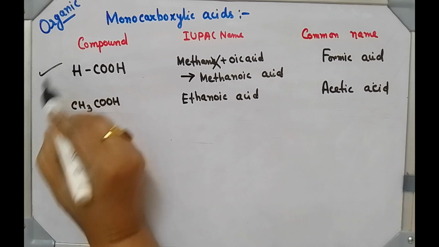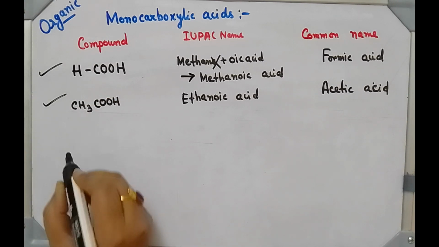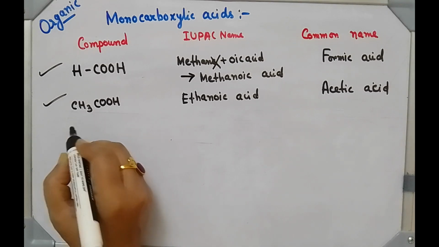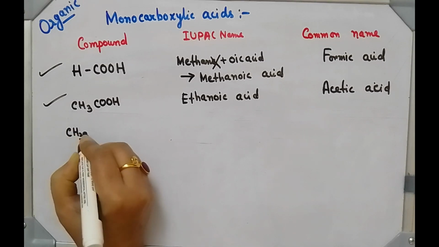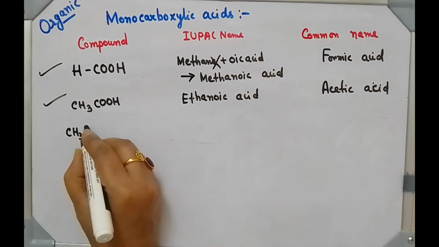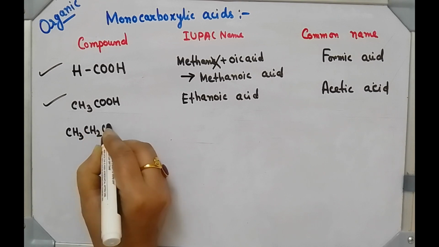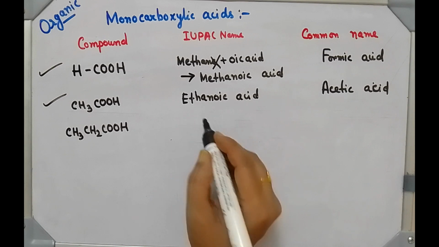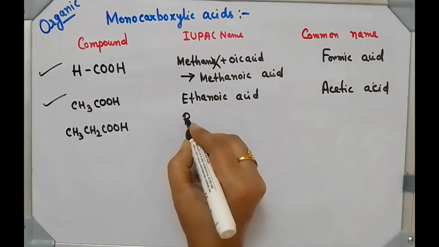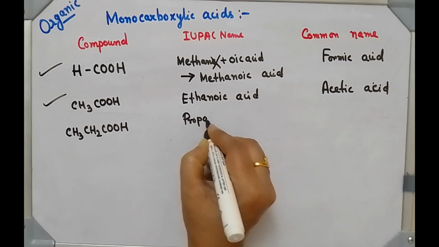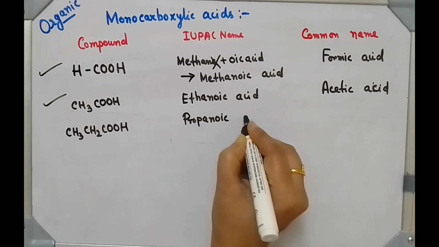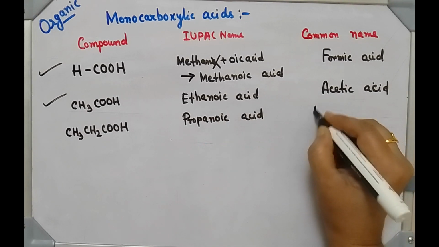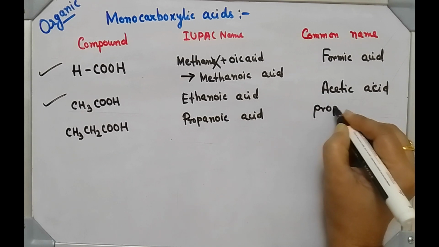These two are very important, and the common names are also very important; you have to study them. Next homologue, adding one CH2, we get CH3CH2COOH, so a total of 3 carbon atoms. So propane plus oic acid means propanoic acid. Its common name is propionic acid.